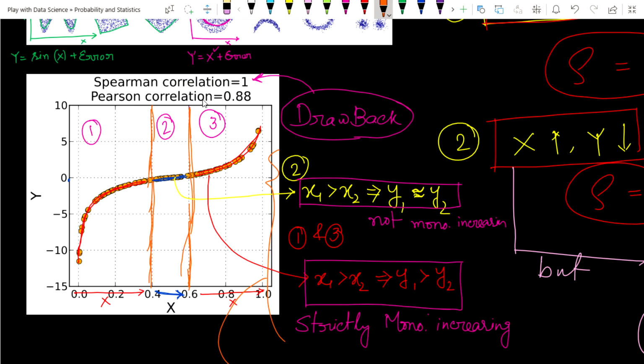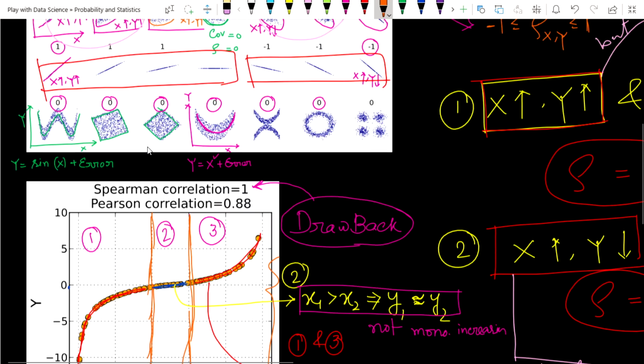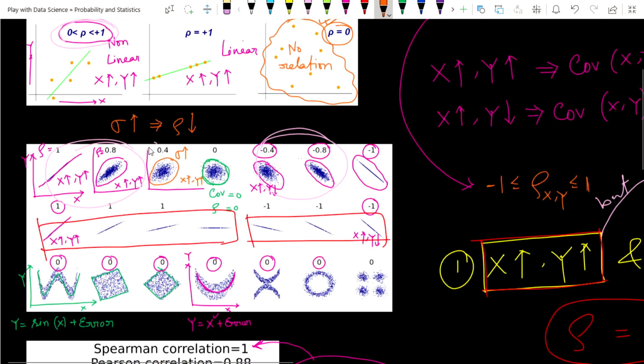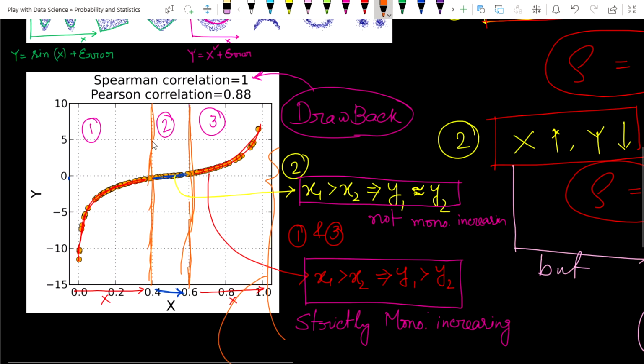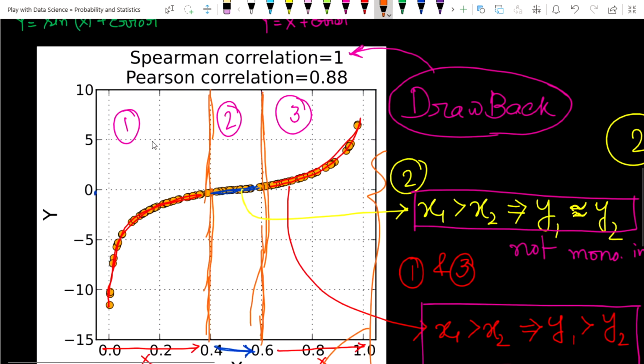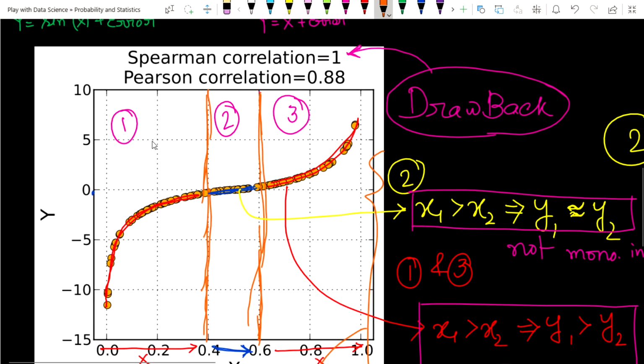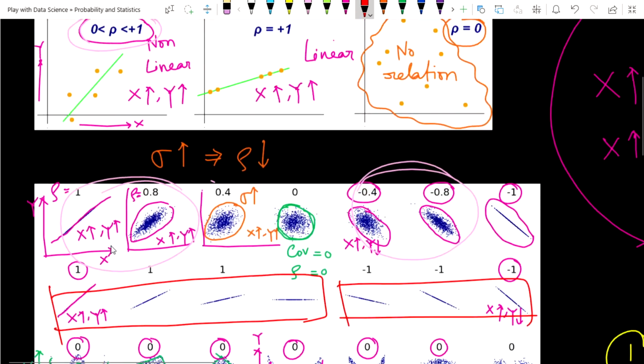And that's another thing. This is the main problem for the Pearson correlation coefficient that occurs here. Just zoom in on this picture. The value of the Spearman correlation coefficient that we have got here is simply 1.